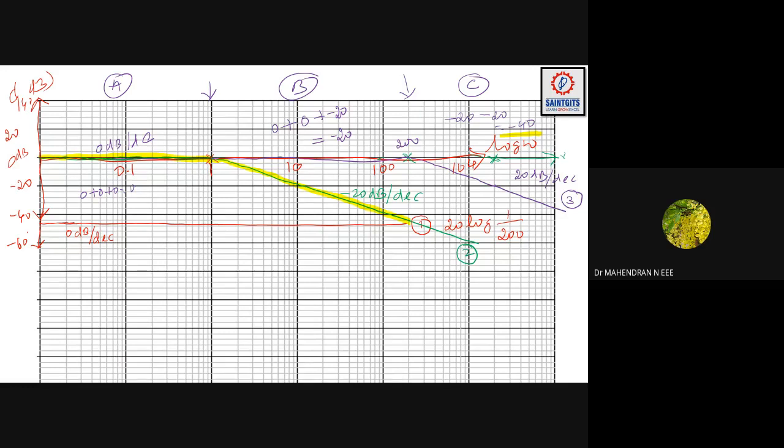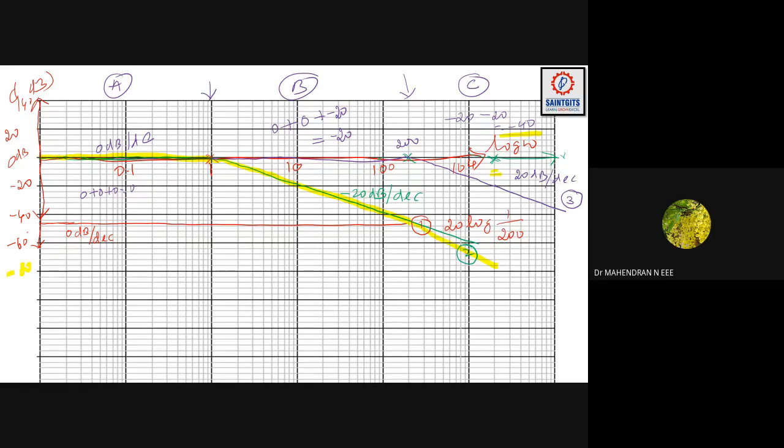If it is minus 40, it should reach the next corner frequency, which is 2000. Where does it have to reach? After 40 dB, this is 46 and this is minus 80. 40 plus 46 will be 76, so approximately like this.